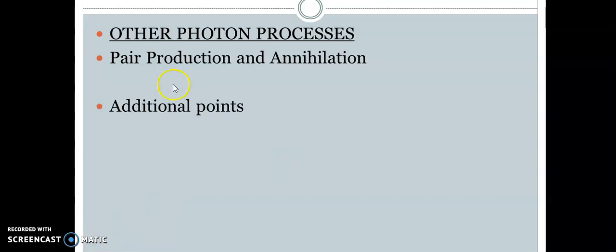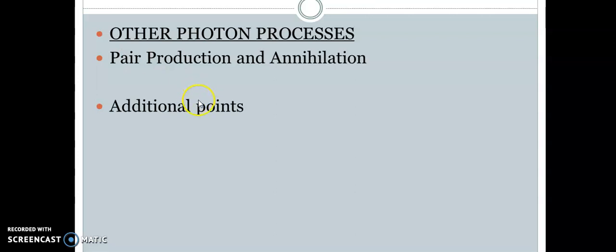So in this session, we discuss those other photon processes which can be explained only with the help of the quantum theory of electromagnetic radiations. In all these processes, the photons interact with the atoms or electrons by delivering energy in discrete amounts or in discrete bundles.